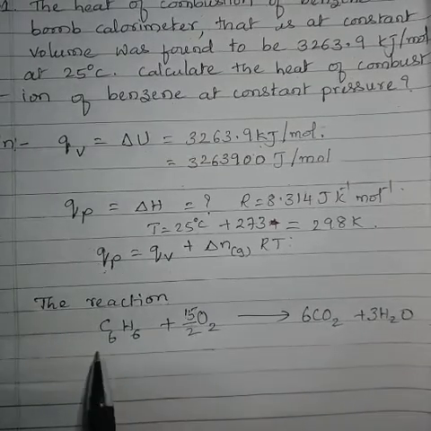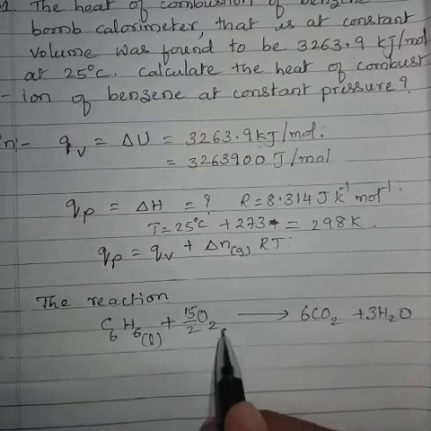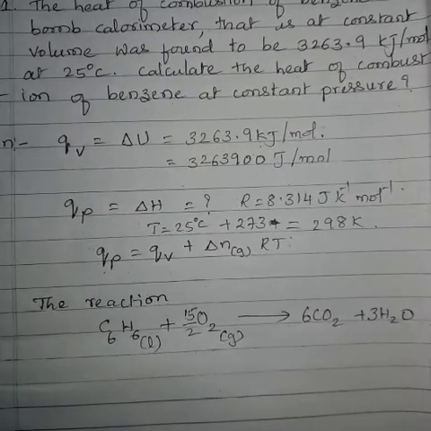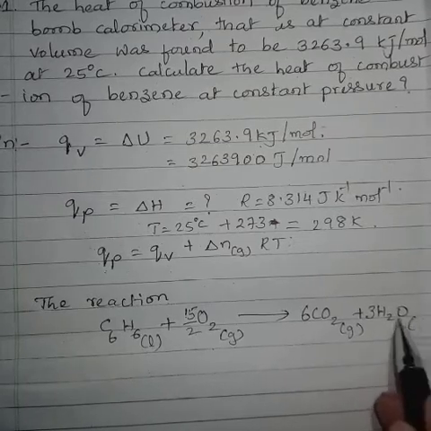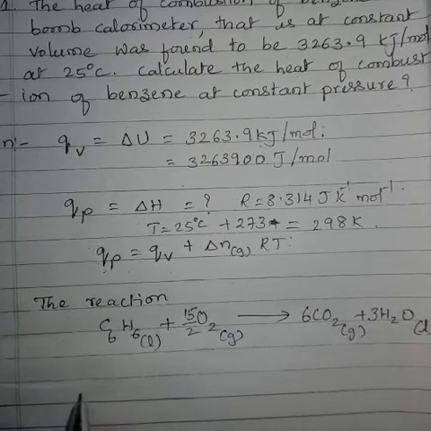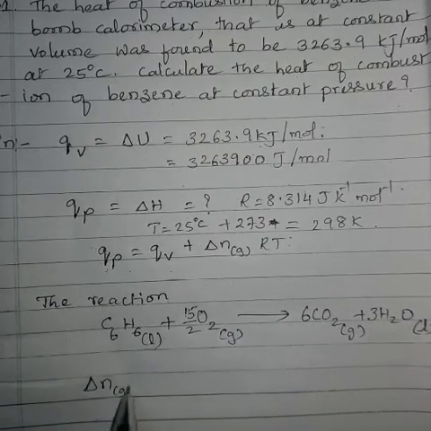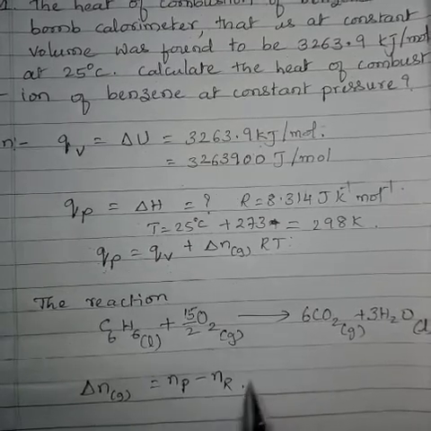So C6H6 is a liquid, oxygen, the standard state is gas, carbon dioxide here is also gas, and water is in the form of liquid. So delta Ng is equal to Np minus Nr.